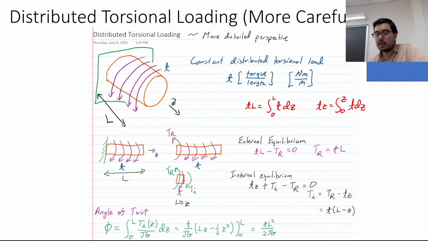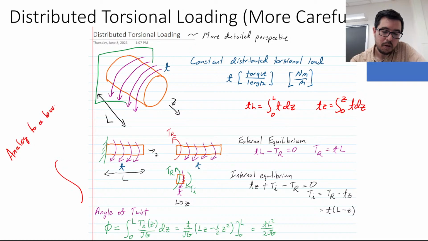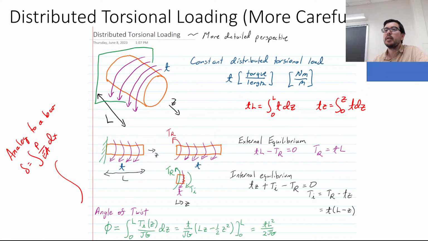This is a subtle and important thing to keep in mind. Remember how we said that the integral of P over EA dx gives displacement for a bar, for normal loading?